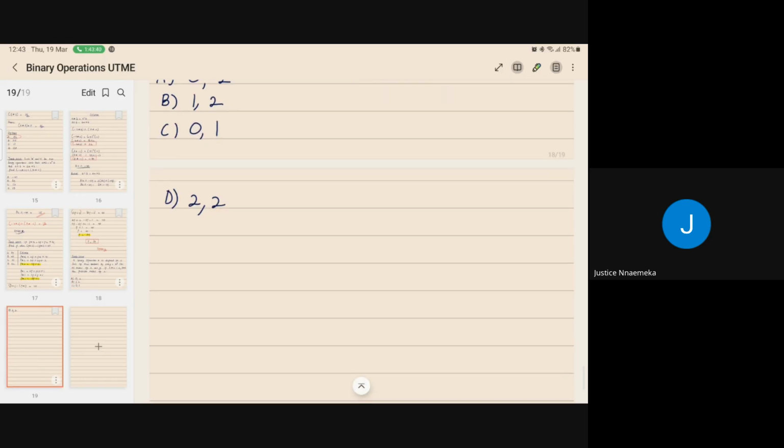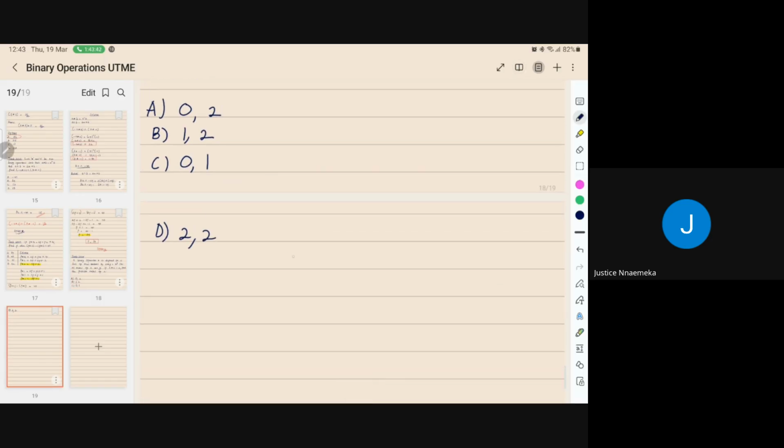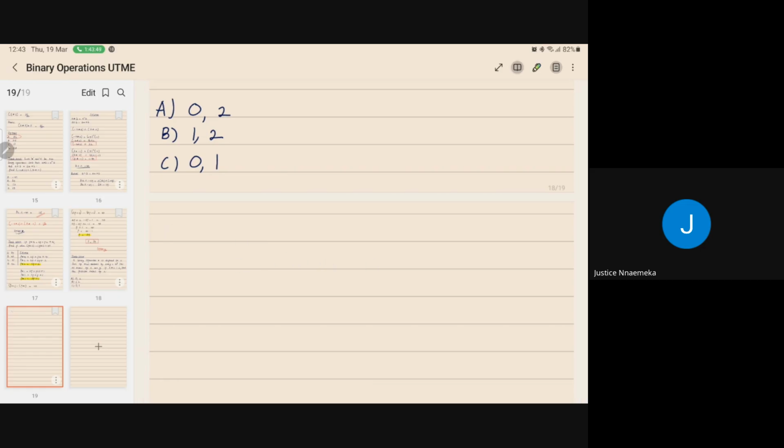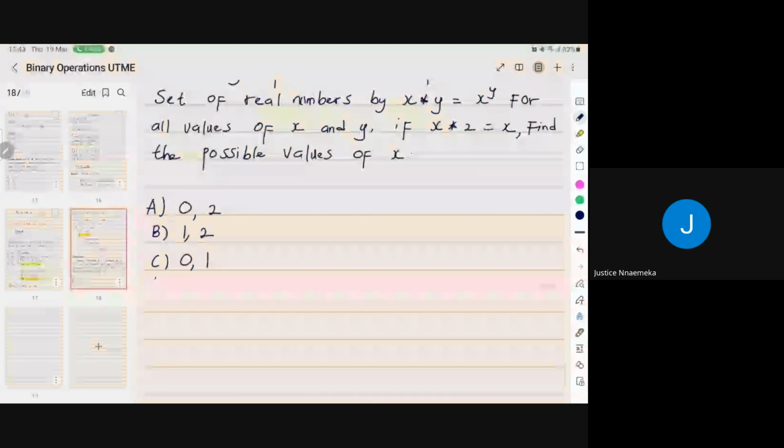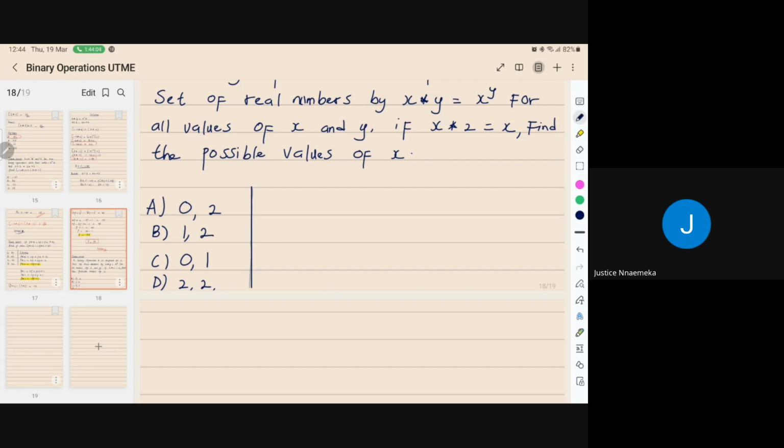All right, so the first thing I'm going to do for our solution, let's save space so that I can be looking at the options while solving. So we'll have D right here. Option D was 2 and 2. So our solution here, let's conserve space.